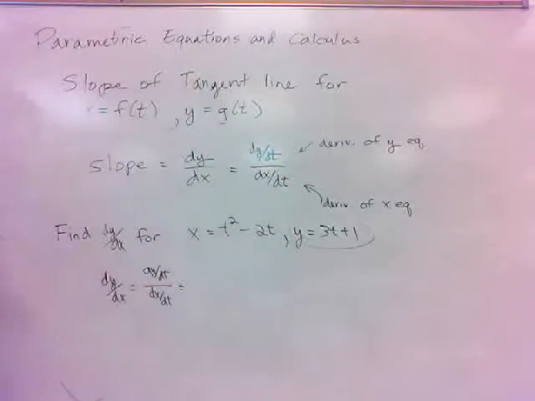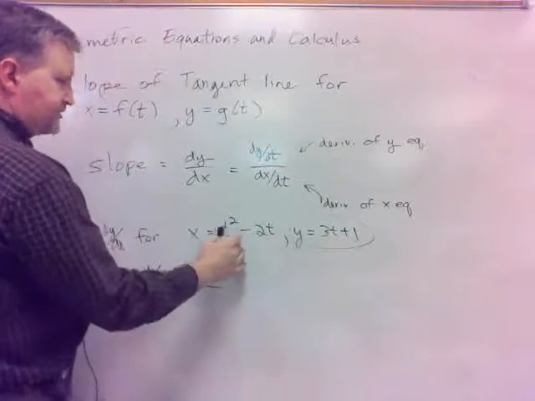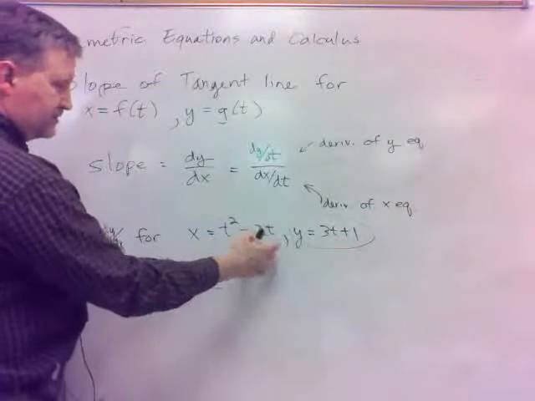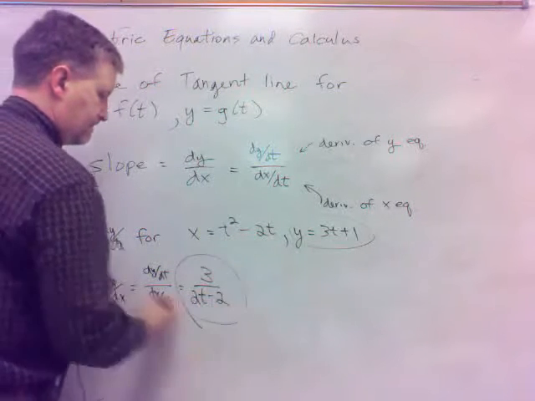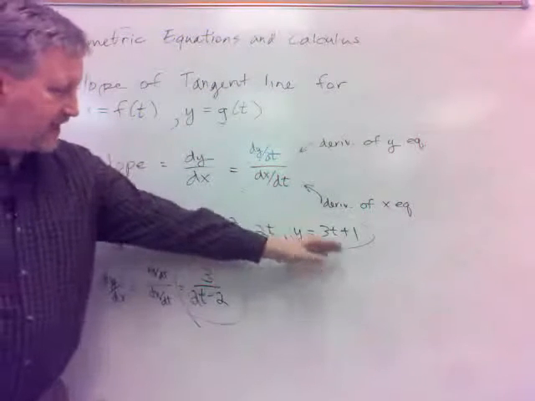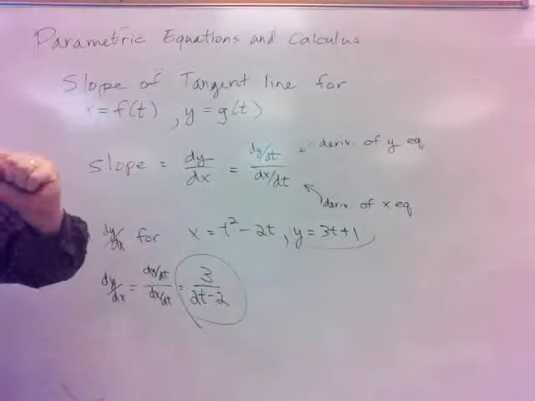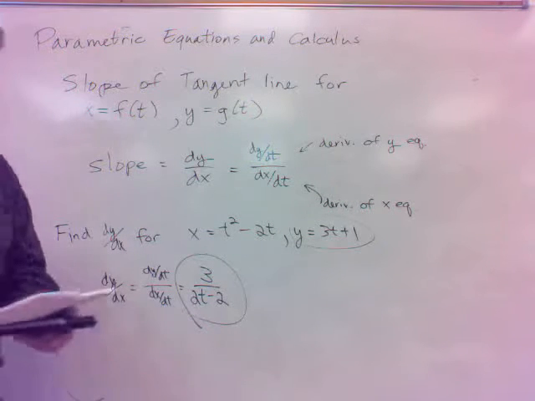The derivative of y with respect to t, the good news is that's just basically power rule, is 3. The derivative of x with respect to t is 2t minus 2. With me? The top is the derivative of y, the bottom is the derivative of x. It's not too bad. Okay?